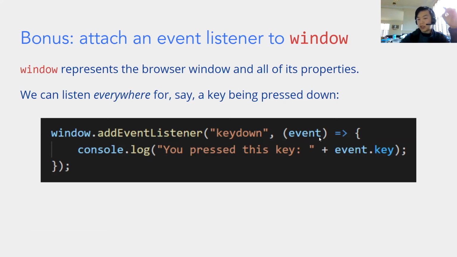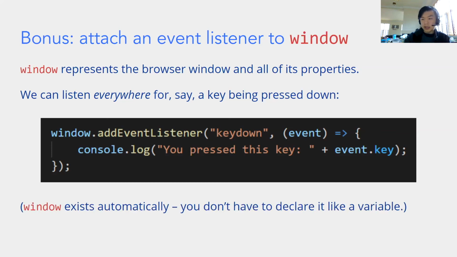In this case, we have an input. The event is just what key we pressed, and we can log what key gets pressed when we do this. This will show up in the workshop, so don't worry if this didn't make too much sense, because you'll see a practical example of this sort of thing. Window just exists. You don't have to worry about doing let window. It's there, kind of like document.